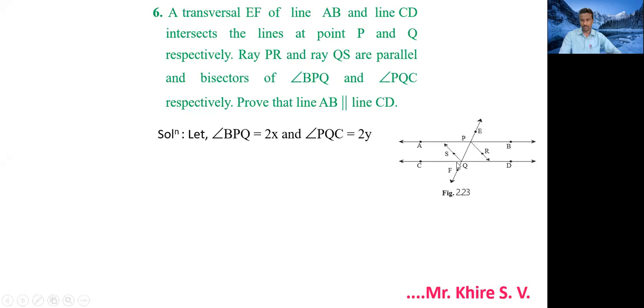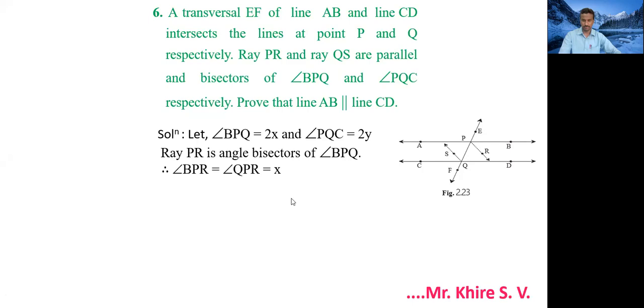Therefore, angle BPQ is equal to 2x and angle PQC is equal to 2y. Ray PR is the angle bisector of angle BPQ, and therefore angle BPR is equal to angle QPR is equal to x.